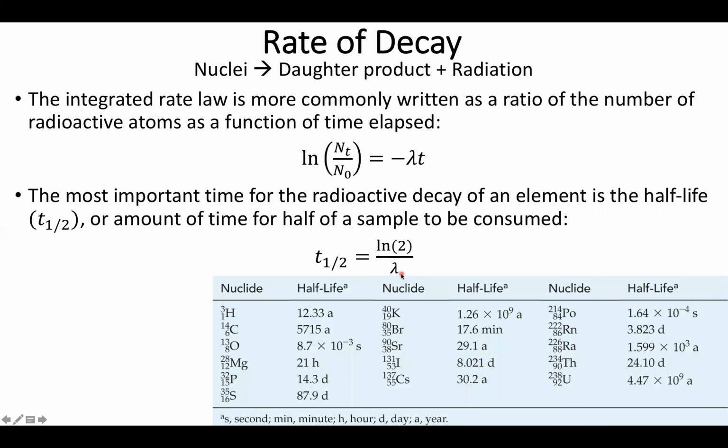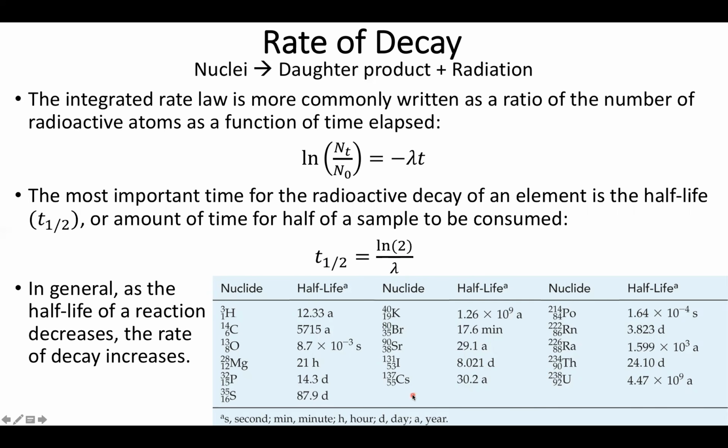And it is worth noting that we can evaluate the stability of a whole bunch of our semi-stable atoms based on their half-lives. If we have a nice long half-life, it will be a slow reaction. So go ahead and think about something like potassium 40, which lasts on the order of billions of years.